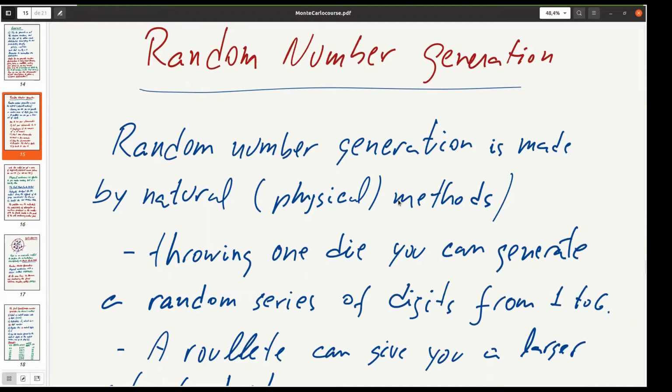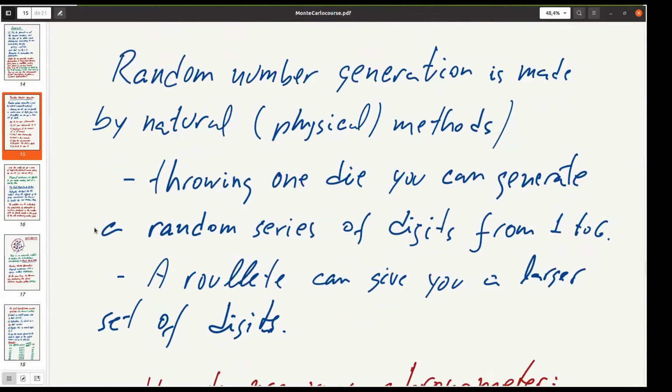There are several ways to generate random numbers. The true random numbers are usually generated by some physical or natural method. You have to have some physical device. One instance is throwing one die or dice.